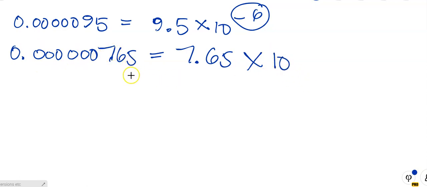I made this number 7 places bigger, so I must make it 7 places smaller. So that number, which is the ordinary number, I now wrote in scientific notation. Is that number in engineering notation? No, it is not engineering notation.